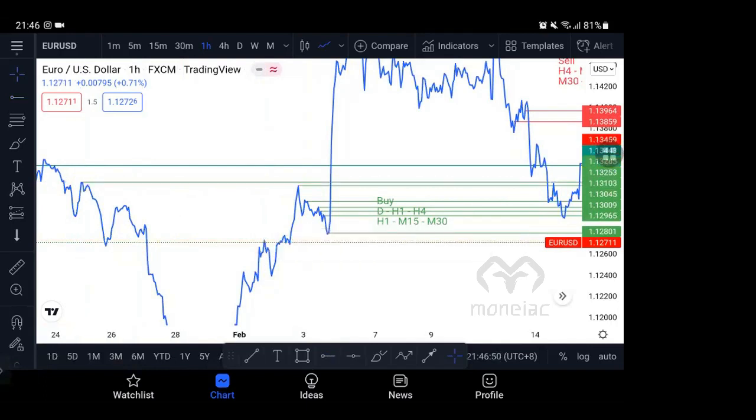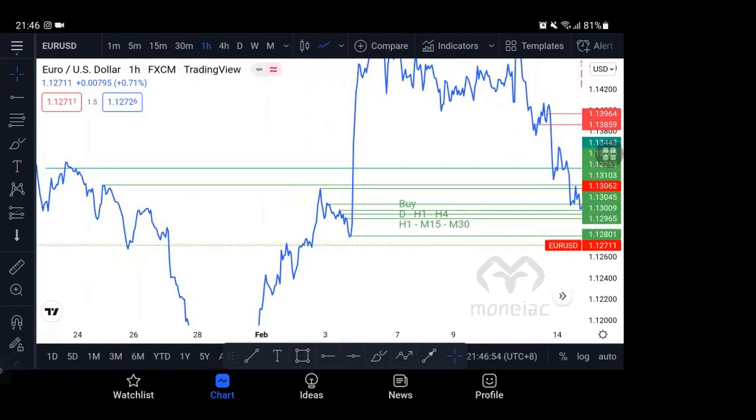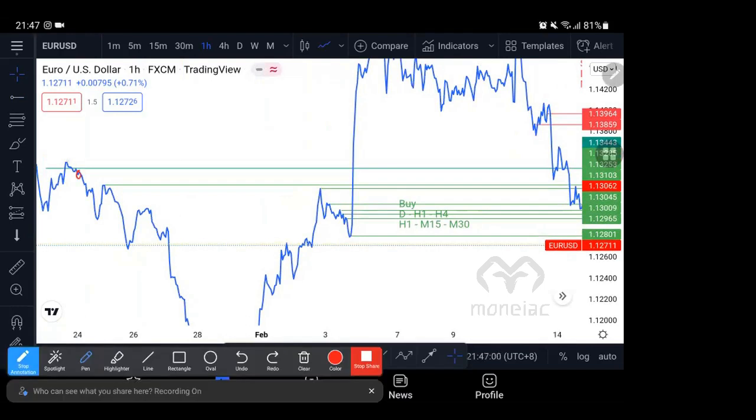Okay, I think that is the last one. This one also we can take. This one or this one we can take, but because it is too close, so just pick this one. But in the real market, you can always mark anything that is available.